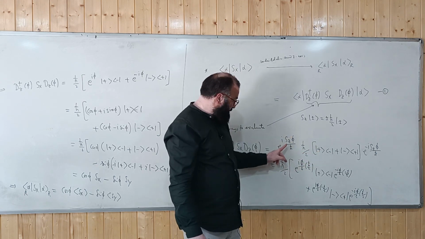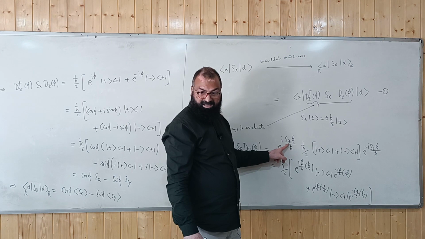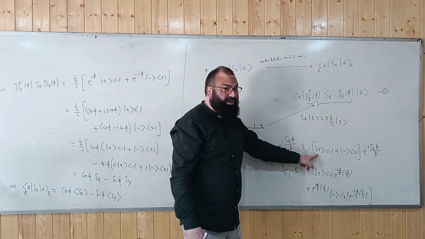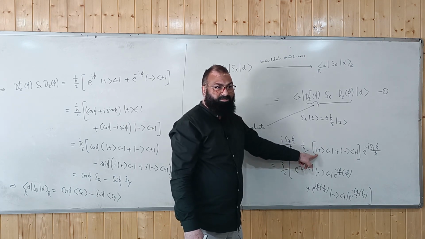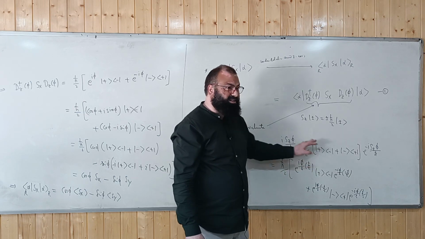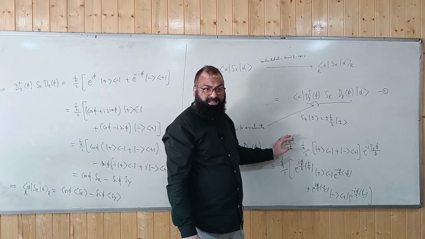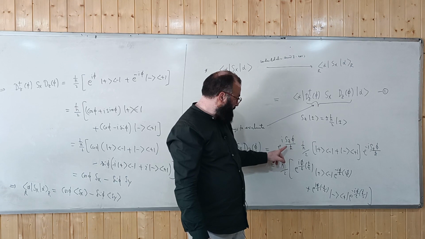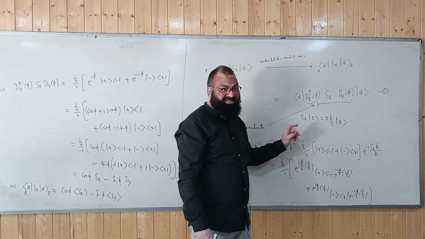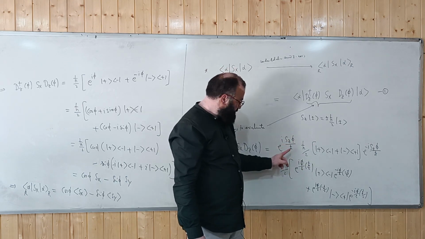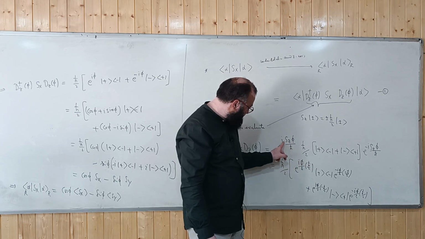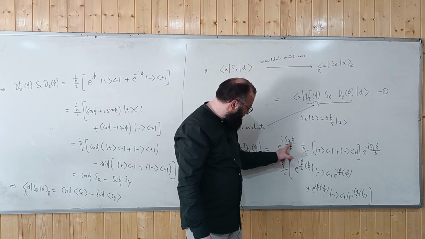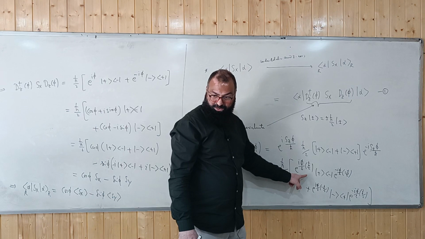Now, if it would have been, let's say, Sx, then I don't know how it will act on it, because this is not the eigenstate of this operator. So this is an eigenstate, it makes my work simpler. So it will give me simply e raised to i phi by h cross, as that will act on this thing, it will give me h cross by 2.